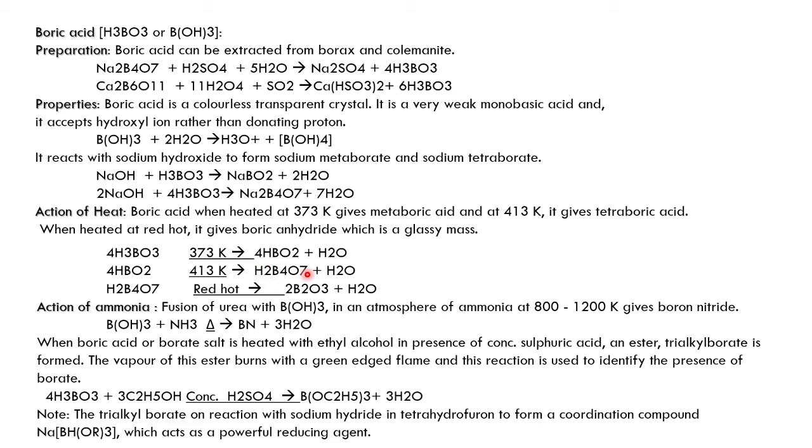When heated to red hot, it gives boric anhydride, which has a glassy appearance. Action of ammonia forms boron nitride at a temperature of 800 to 1200.